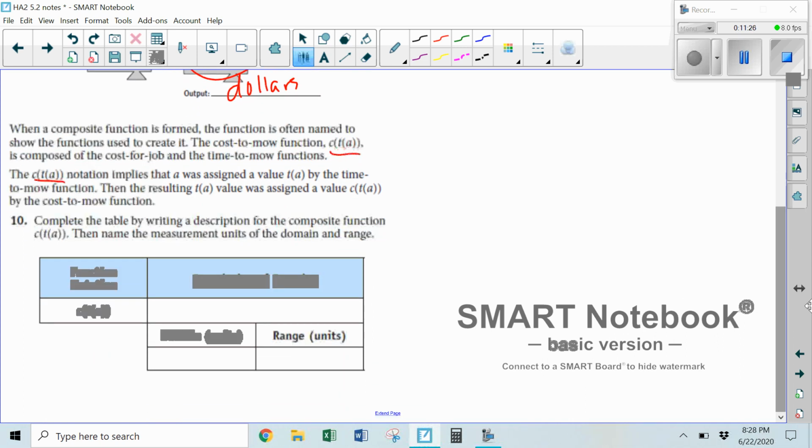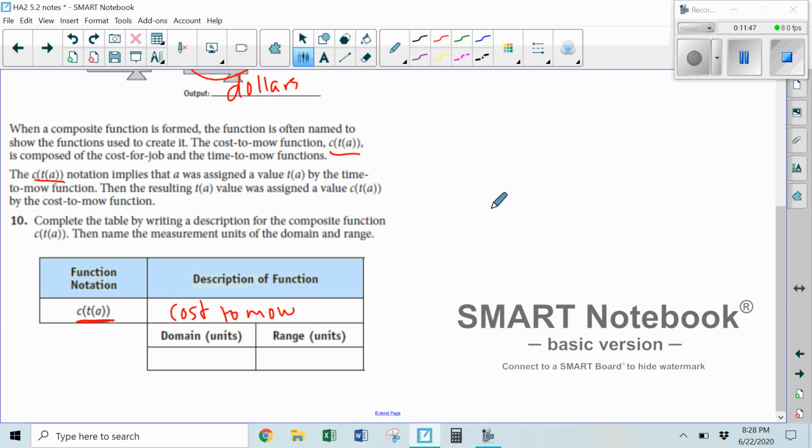So let's try to make sense of this. To describe this function, stick with me, we haven't really done it yet. We're going to call this the cost to mow function. That would be a good description of what this function does for us. It tells us the cost to mow.